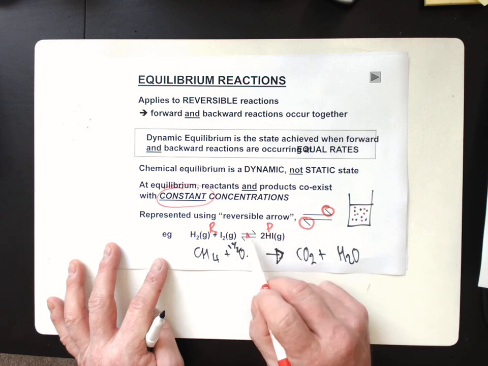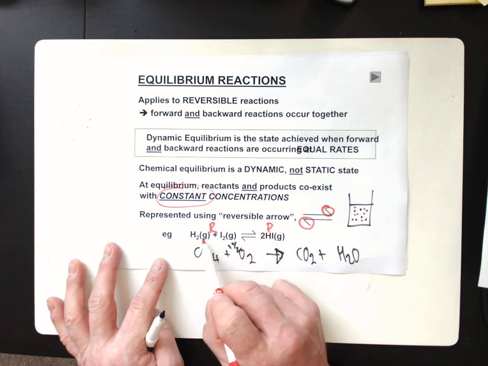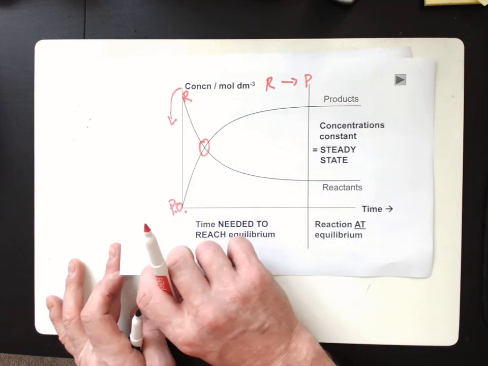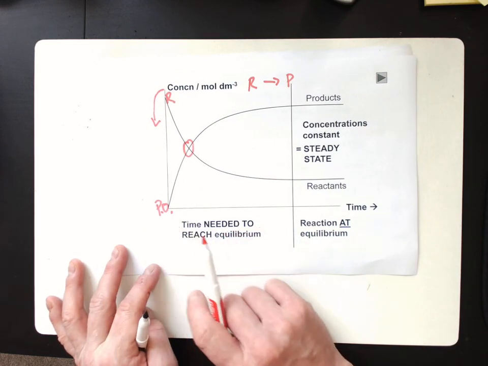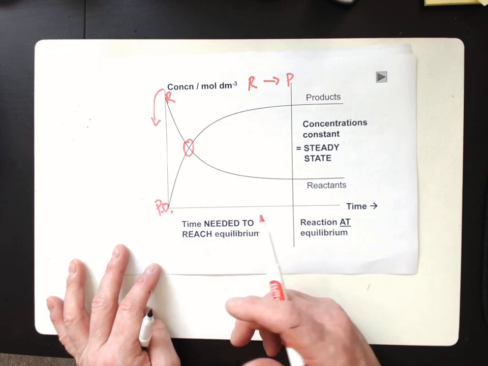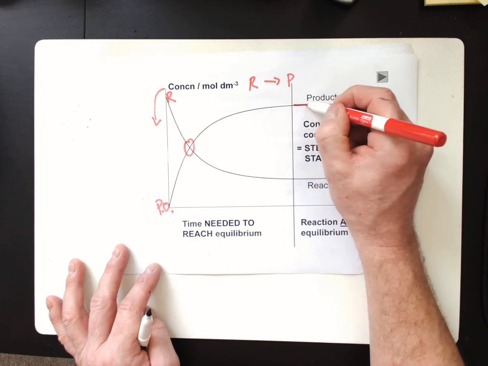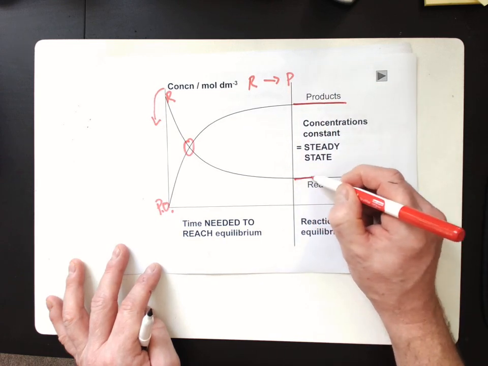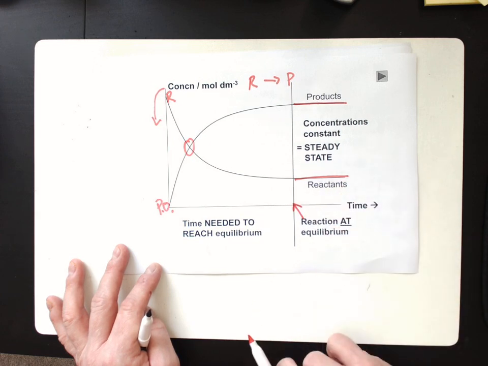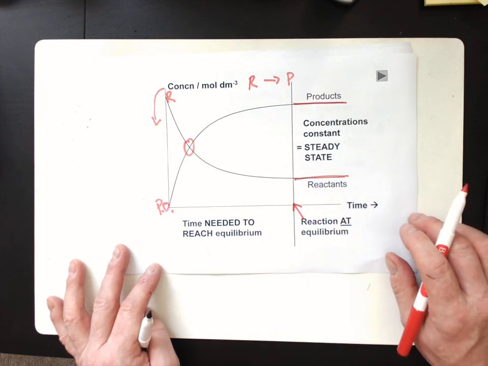If the forward and reverse reaction are equal, then the concentration of reactants and concentration of products must be constant. So if we go to this graph, we're really looking for the point at which the concentration of reactants and products are constant. Well, that is whenever they plateau out here and here. So there we go. This is the point at which that dynamic equilibrium has been reached.